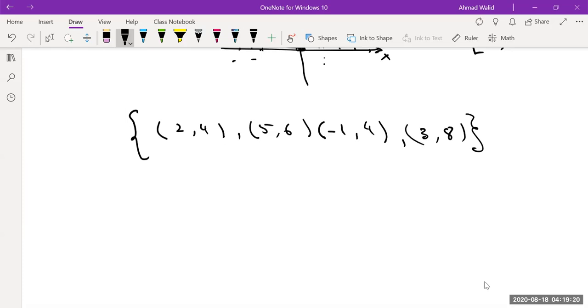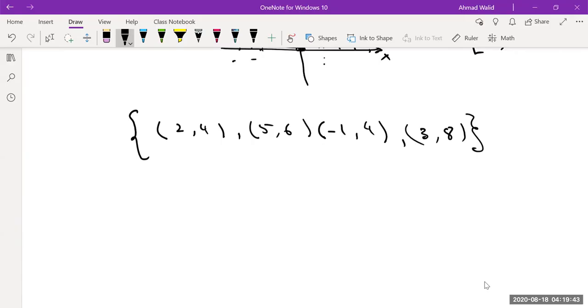I will ask 3 questions here. First, is this relation a function? What will be the answer? Yes or no? Is this matching my definition?